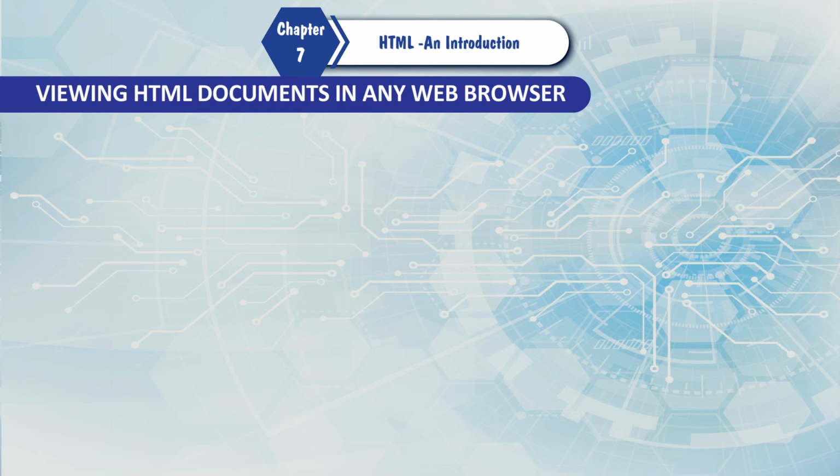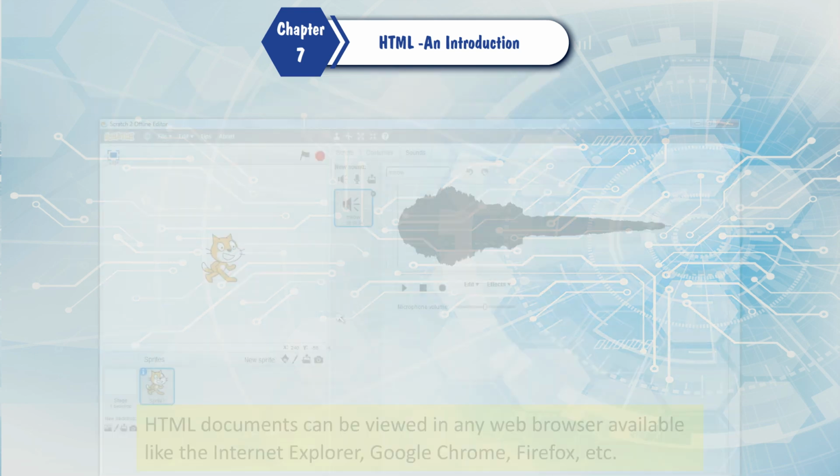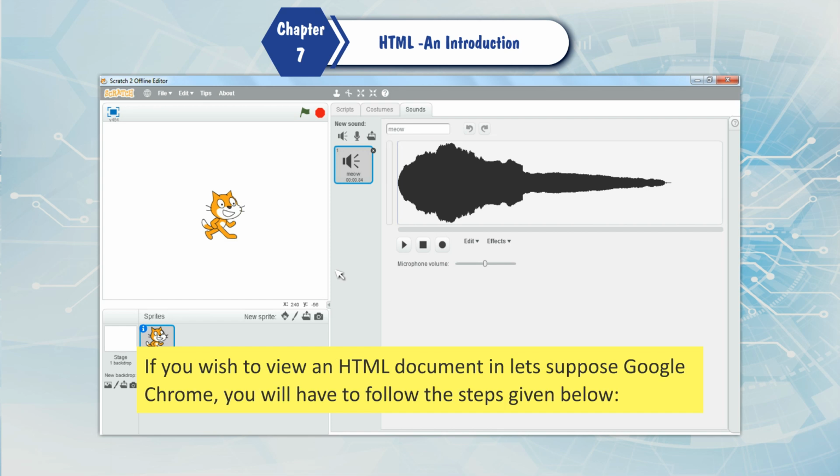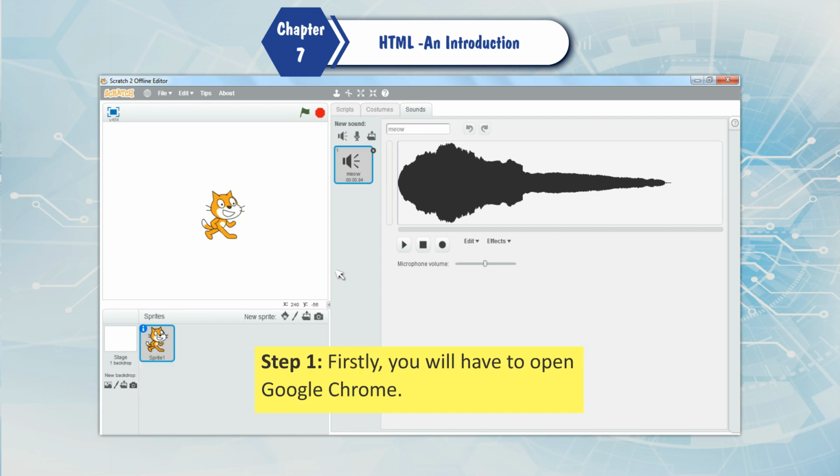Viewing HTML documents in any web browser. HTML documents can be viewed in any available web browser like Internet Explorer, Google Chrome, Firefox, etc. If you wish to view an HTML document in, let's suppose, Google Chrome, you will have to follow the steps given below. Firstly, open Google Chrome.